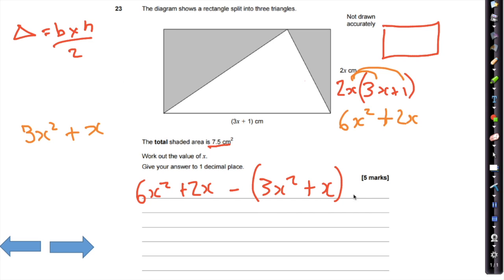And we know that that equals 7.5 centimeters squared, so 7.5. So 6x squared minus 3x squared gives us 3x squared. 2x minus a positive x will give us just x. Remember, this is 2, take away 1.